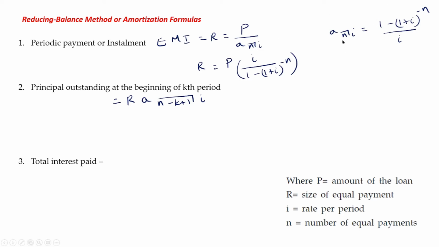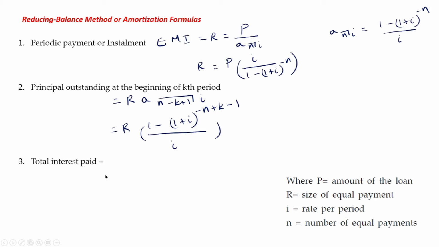A angle N at I rate per period is (1 minus (1 plus I) raised to minus N) by I. This is equal to R into (1 minus (1 plus I) raised to (minus N plus K minus 1)) upon I. So if you want to find the principal outstanding at the beginning of the kth period, this formula can be used.